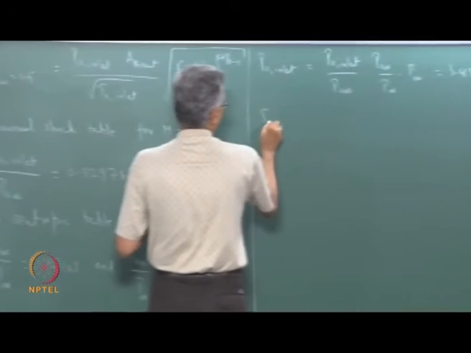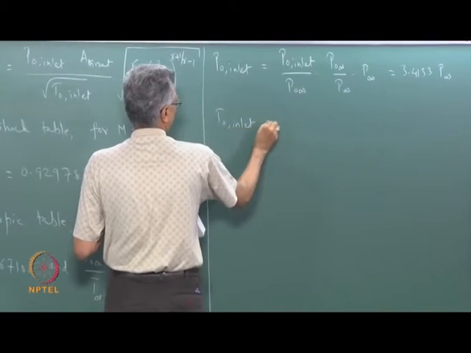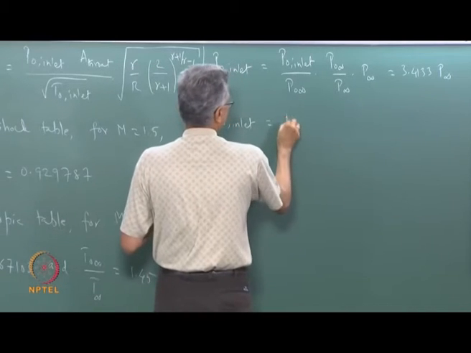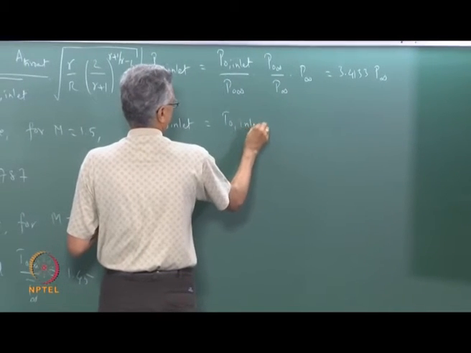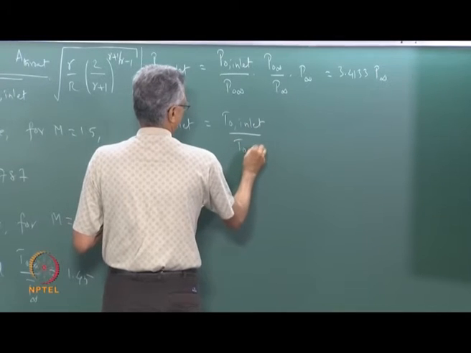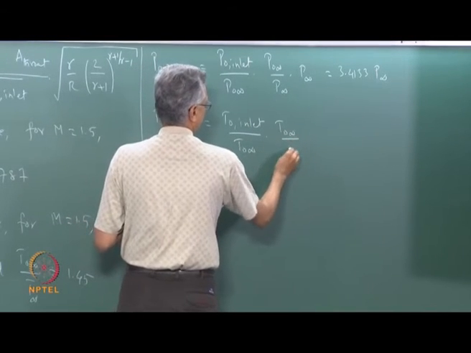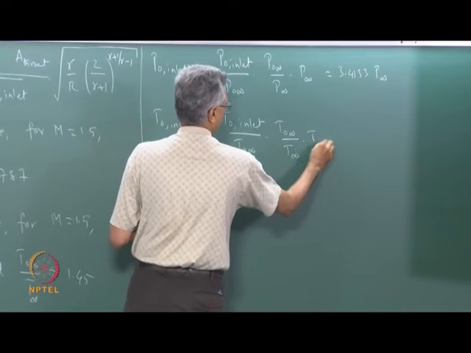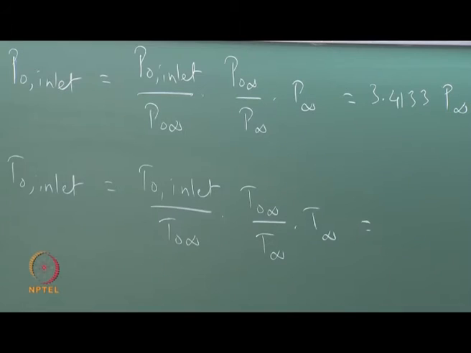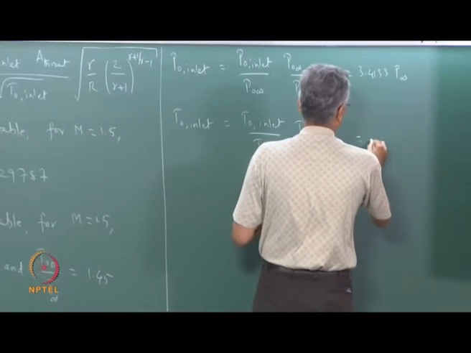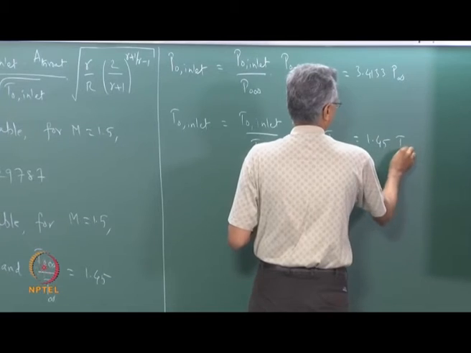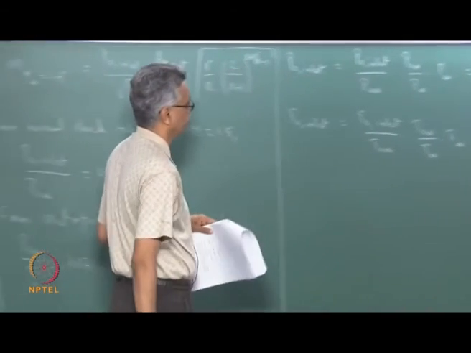Similarly for T0 inlet, I can do the same thing: T0 inlet divided by T0 infinity times T0 infinity divided by T infinity times T infinity, and there is no change in stagnation temperature across a normal shock wave. So T0 inlet is equal to T0 infinity. So this is 1, and I can substitute for the other quantities and I get this to be 1.45 times T infinity.